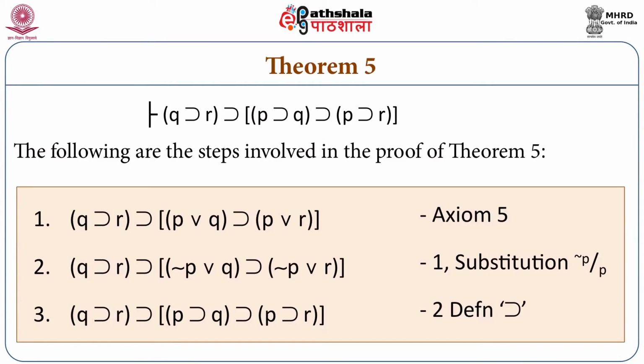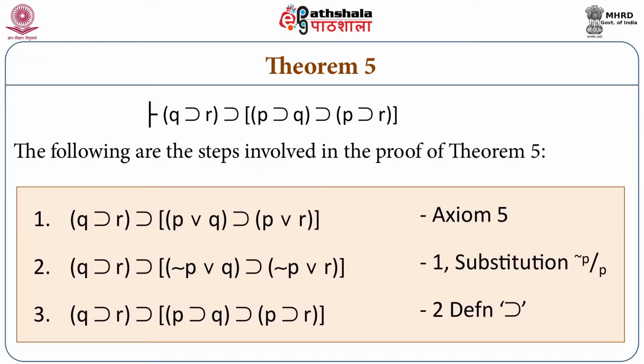To get familiarity, we will still try another derivation of a theorem, which we will call theorem 5. What is theorem 5? Q implies R, together they imply P implies Q implies P implies R. So can we derive this formula from axioms by correct application of those rules?